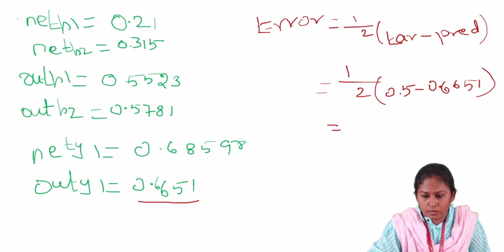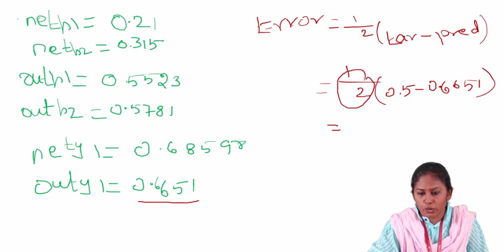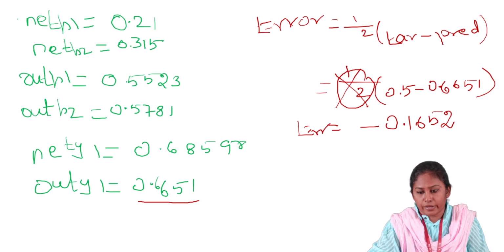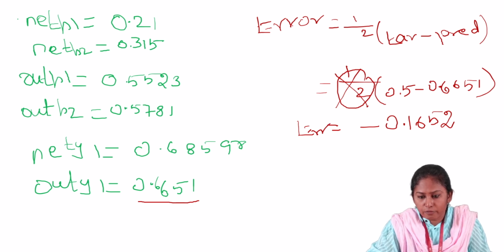Here this 1/2 is actually a constant which we may keep or not; as I am involving only one output layer, I am ignoring it. So my value will be minus 0.1652. So this is the error I got. My expected value is actually 0.5, but what I got here is 0.6651. The difference between them is minus 0.1652. So this is the error.